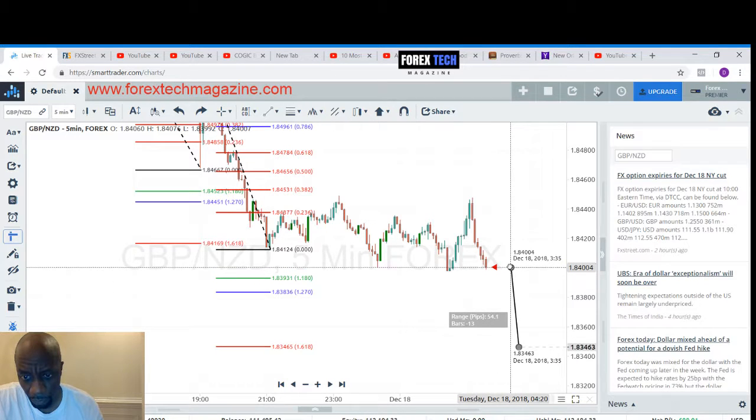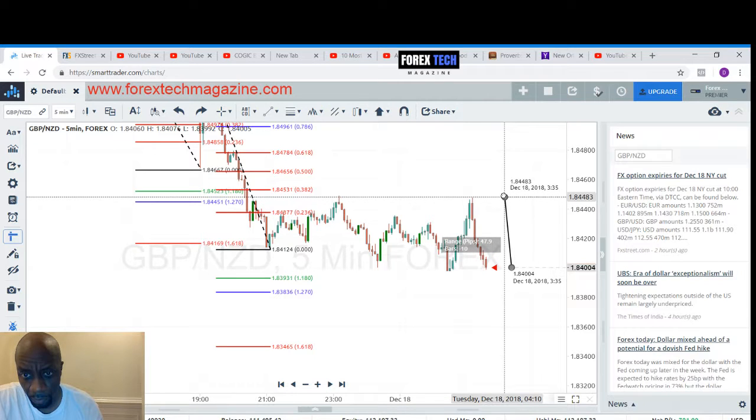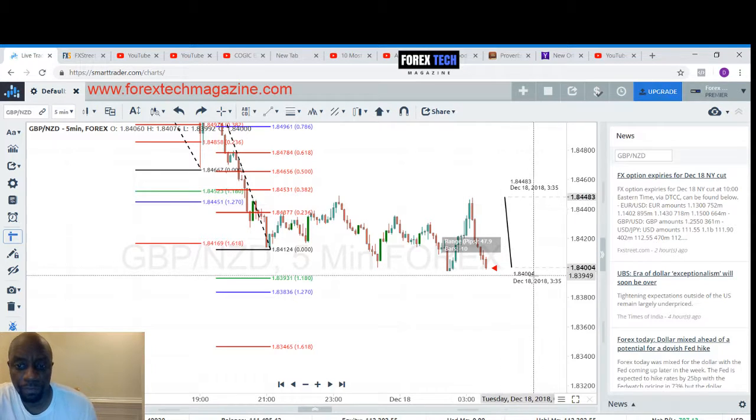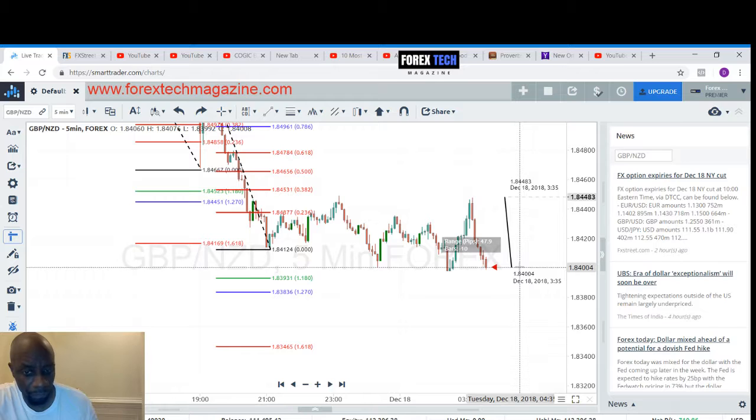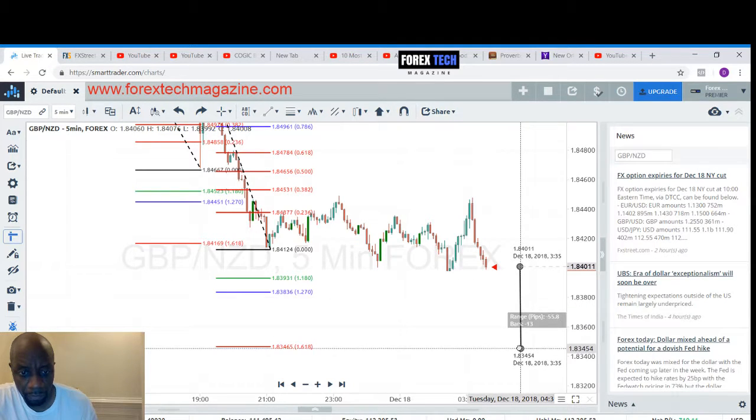Okay, so it's 54 pips there. 47 is like a 1-to-1 risk to reward ratio. Is it worth risking 47 pips to get 54 pips? Is that really what it is? Let's see. Yeah, 54 pips.